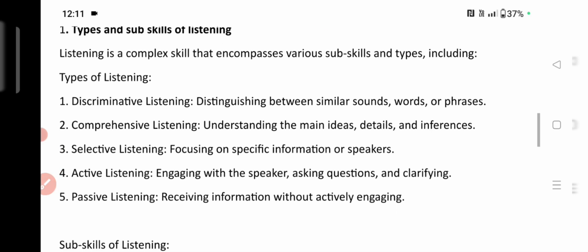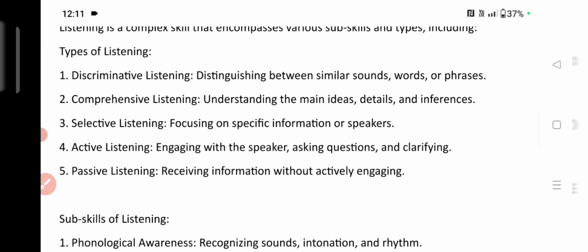Going to the topic, listening is actually a complex skill that encompasses various subskills and types. The types of listening include discriminative listening. Discriminative is nothing but differentiating. If you understand the difference between the sounds, words and phrases of English, then that is one type of listening. It means you need to distinguish between similar words.